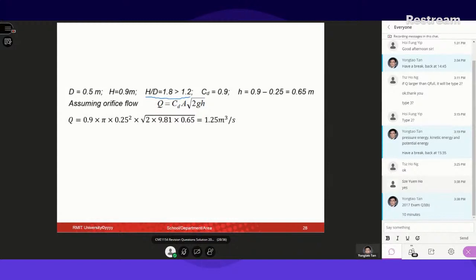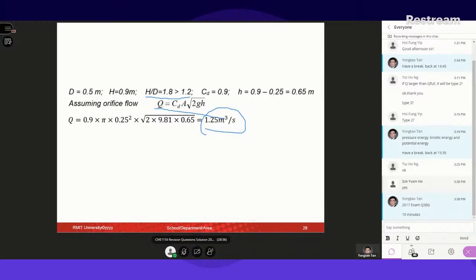Because it is already given in the question that the exit is not submerged, and also the normal depth is less than the diameter of the culvert, it is type 3. So for type 3, we can use the orifice flow equations to get the discharge rate.